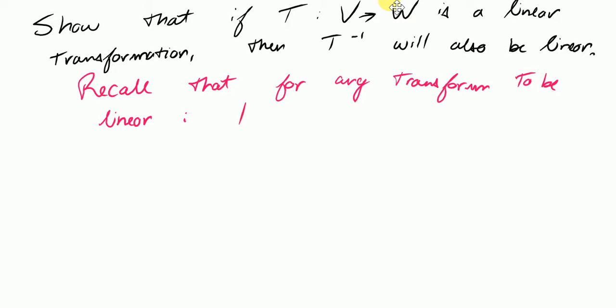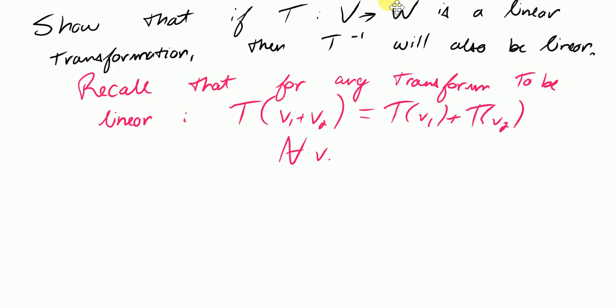So if I say T is whatever linear transformation, and I say T maps V1 plus V2, then this needs to be equal to T V1 plus T V2, right? So this is for all V1, V2 belong to V. And so that's my first condition.